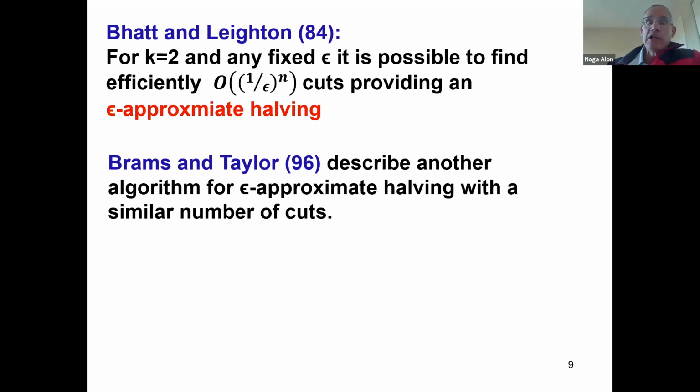What they proved is that for k equals 2, and for fixed epsilon, there is a solution using something like 1 over epsilon to the n cuts. Again, remember that the necklace can be very complicated. And a priori, it's not clear, even if epsilon is 1 over 10 and n is 5, that there is any number of cuts that will give us such a partition.